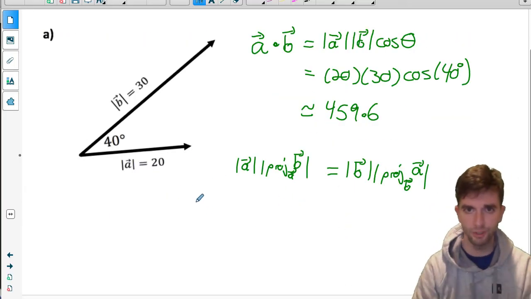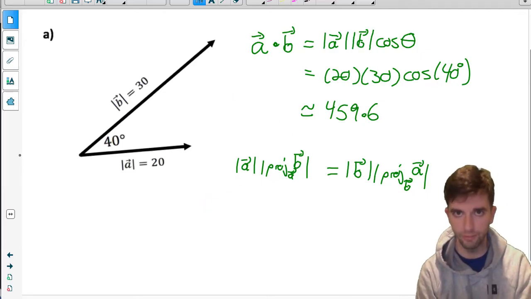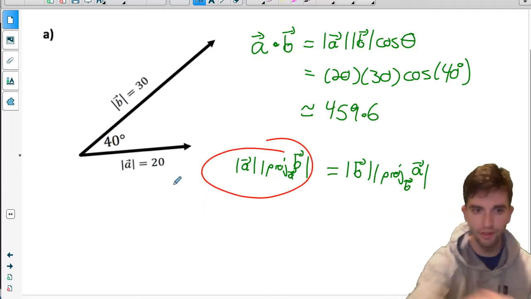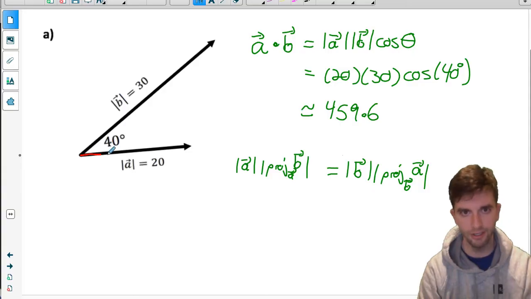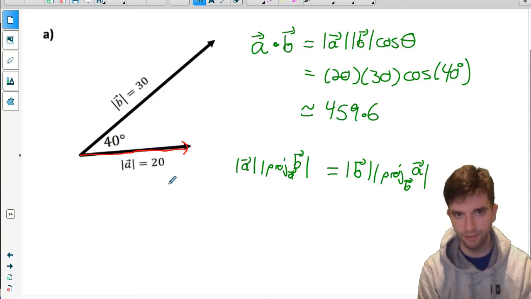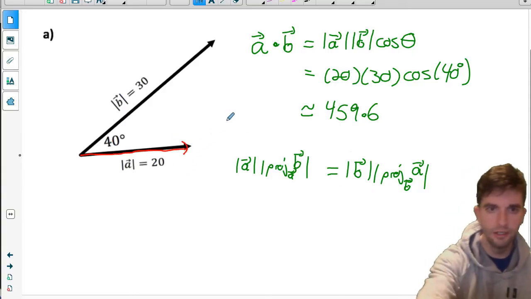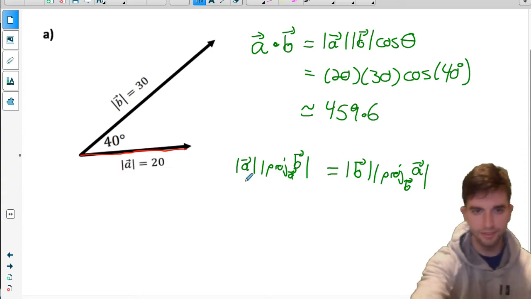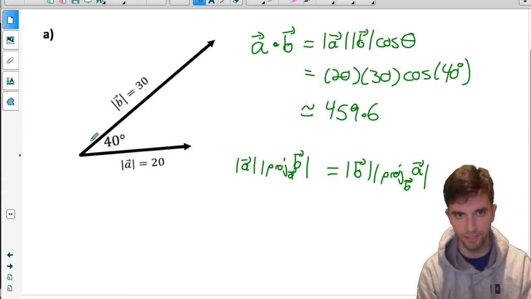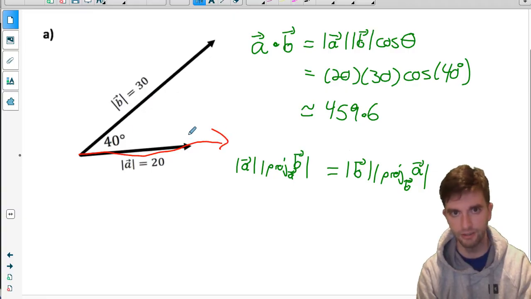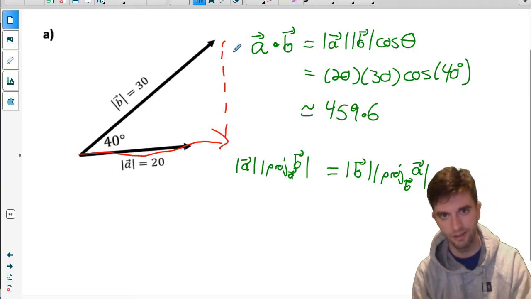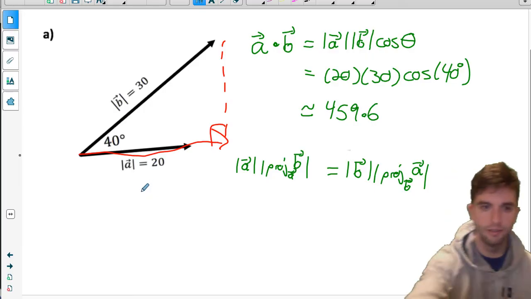Let me just show you a visual representation of what both of those things would be. So if I were finding this, I would just be finding the product of the magnitude of vector A times the magnitude of the projection of B onto A. And that would look something like this vector. Parallel to A, 90-degree angle there.